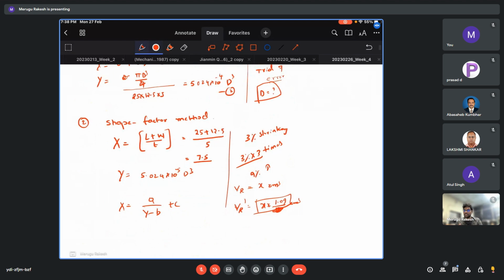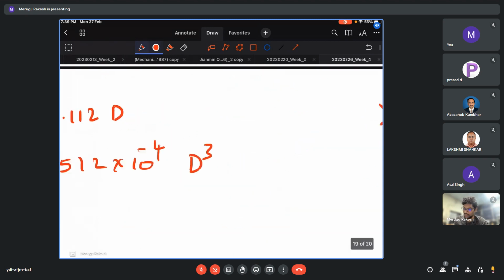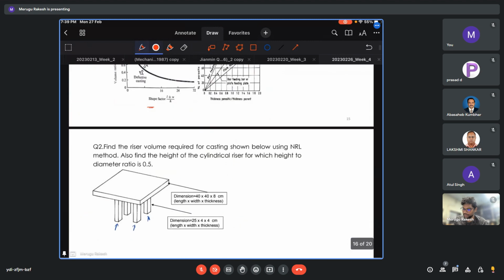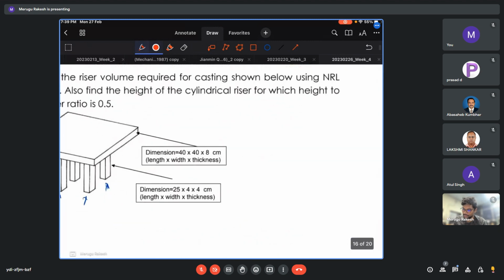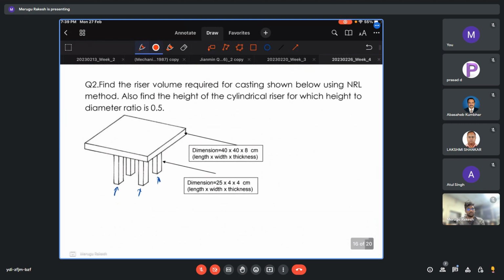So these are sort of descriptive but useful as well in numerical questions also. So let me quickly go through the other questions. So this is also the same model but a different approach. Previously I solved one question with a single appendage, or a single parasitic volume, but in this case we have 4 of them. So we just have to calculate for 1, multiply by 4, and we'll get the appendages for 4.